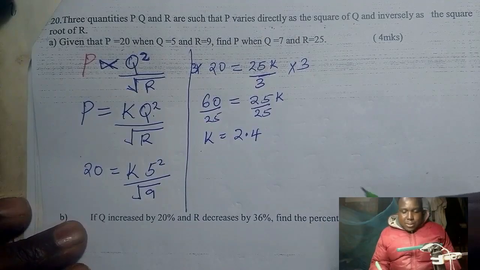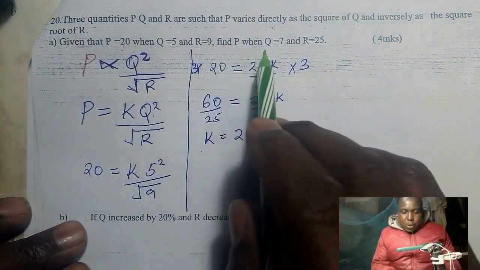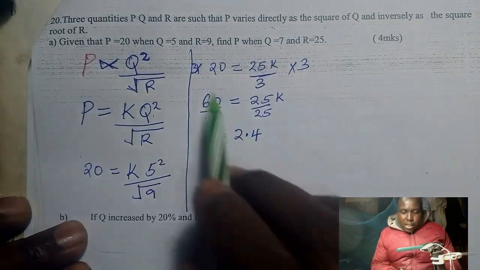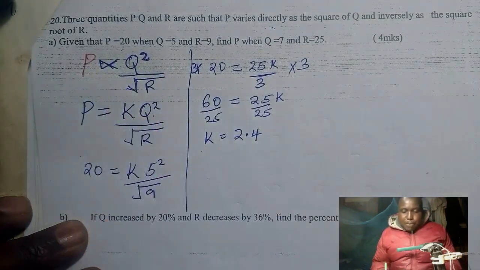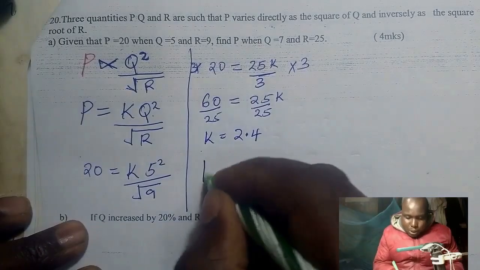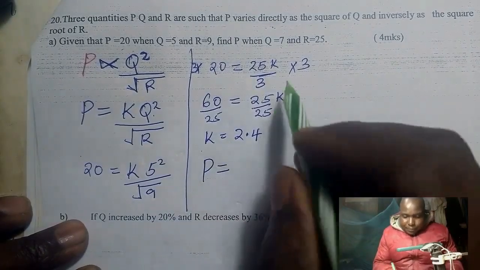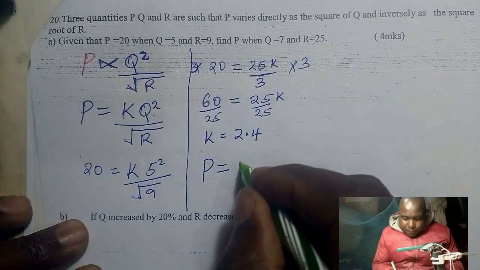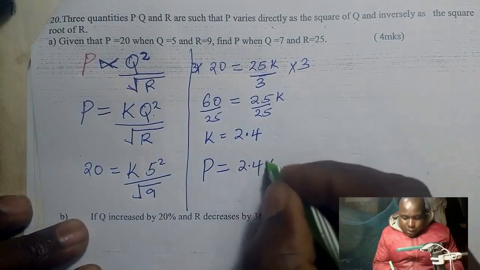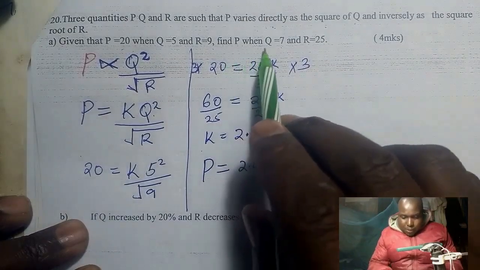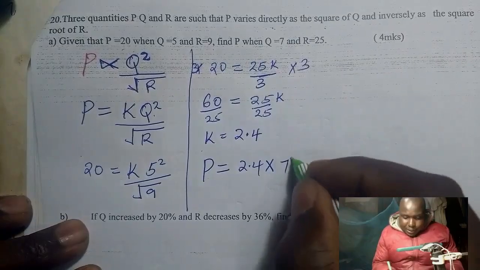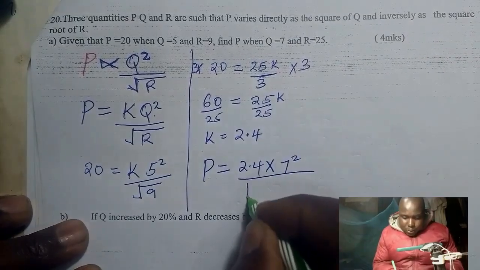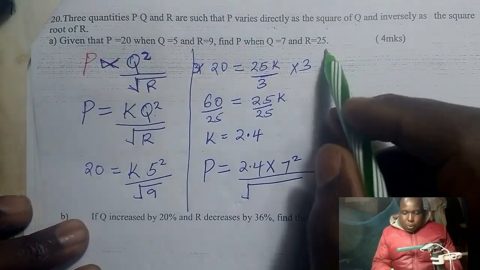Now let us find P when Q is 7. Now that we have k, we are just going to substitute in the formula. So P will be k, which is 2.4, times Q, which is 7 squared. We divide by the square root of 25.